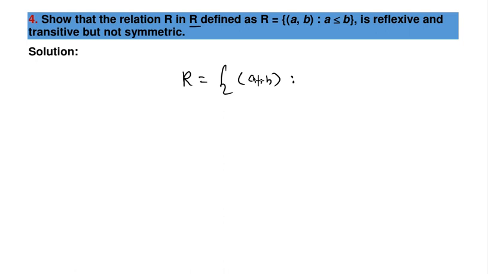What is the relation between pre-image and image? The pre-image can be equal to the image or less than it. A is less than or equal to b. Here a comma b belongs to the real numbers, any real numbers can be taken. First, we do the reflexive test.